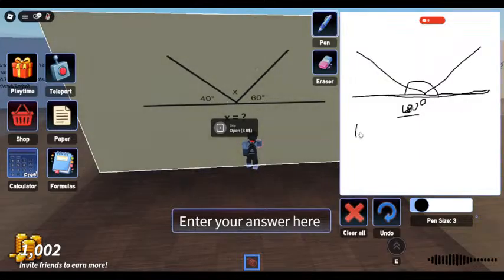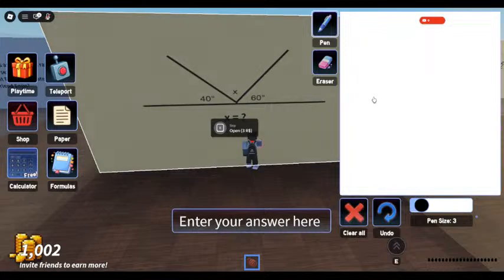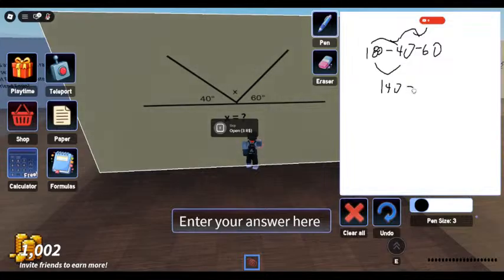So we have 180 minus 40 minus 60. Oh wait, you don't want to go backward, you're going to have some problem. 180 minus 40 is 140, minus 60, which then we have 80.